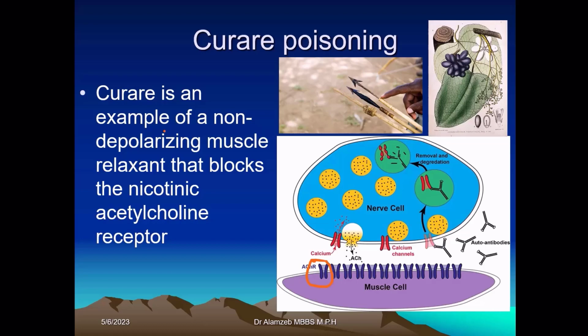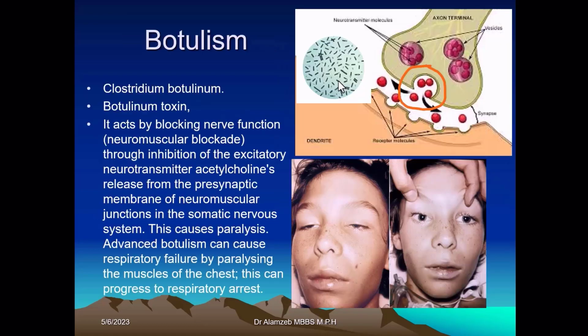The mechanism of action of this poison is to block the acetylcholine receptor on the muscle fiber. Now, in this case, acetylcholine is available, but the poison blocks the receptors, so the action potential cannot pass to the muscle fiber, and in this way it paralyzes the muscle.